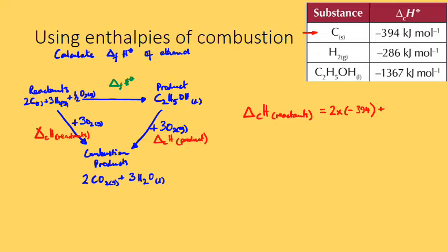That's carbon taken care of. For the hydrogen, we're burning 3 moles of hydrogen gas, so we're going to use the middle row here and multiply by 3 the value for hydrogen gas, which is minus 286.